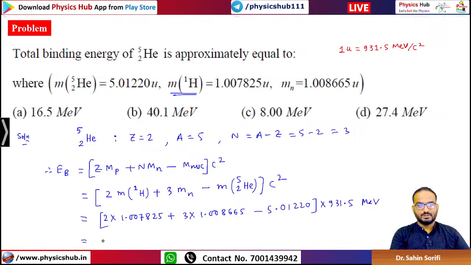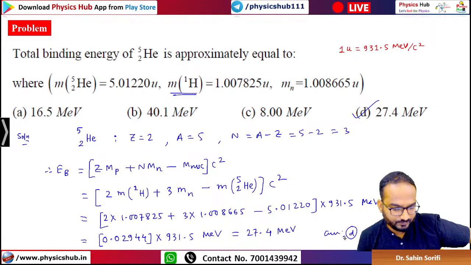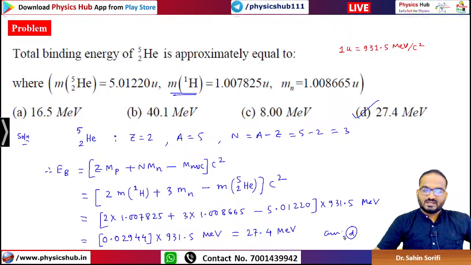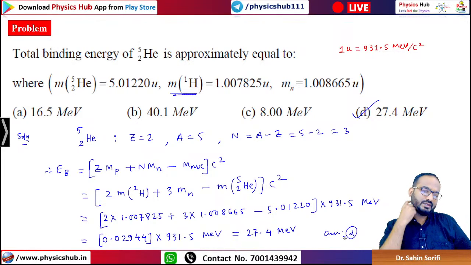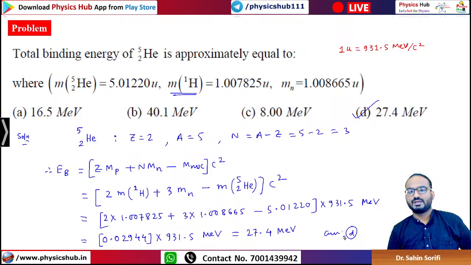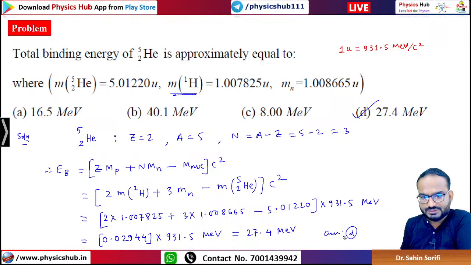If you calculate it, we will get 0.02944 and 931.5 MeV, that will give you around 27.4 MeV. Option D will match. Clear? Although in your examination you will be allowed to use a calculator, so you don't need to worry about these lengthy calculations. You can easily do it in seconds.